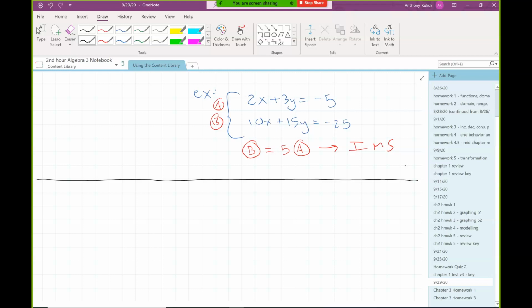So let's talk about what would have happened if we had tried to solve one of those situations using substitution or elimination. Okay? So let's say that we had tried to solve this.